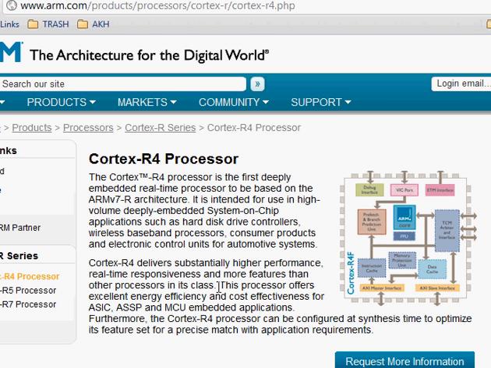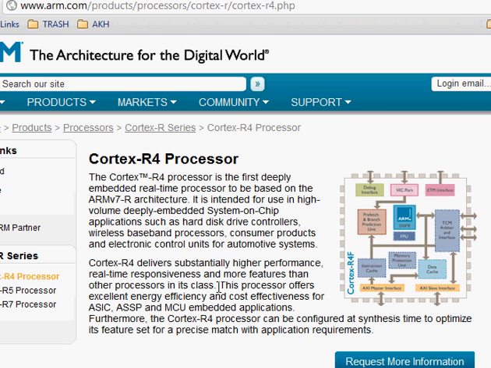This processor offers excellent energy efficiency and cost effectiveness for ASIC, ASSP, and MCU embedded applications. Furthermore, the Cortex R4 processor can be configured at synthesis time to optimize its feature set for a precise match with the application requirement.